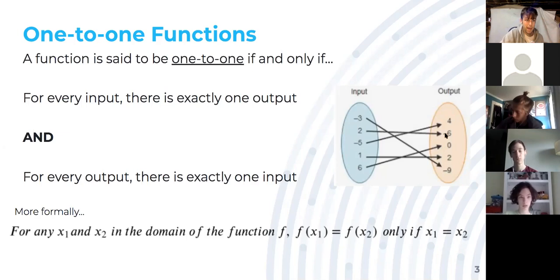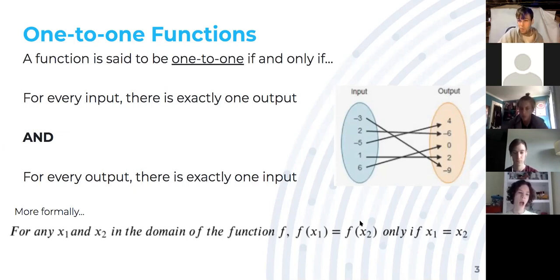So if you look at this mapping, every number in the output column is only related to one input. There's no output that has two different values going into it, right? If we look at -9 down here, the only input that's giving us -9 is this one. And that's true for all of them. They only have one input value assigned to it. That's what we call being one-to-one.